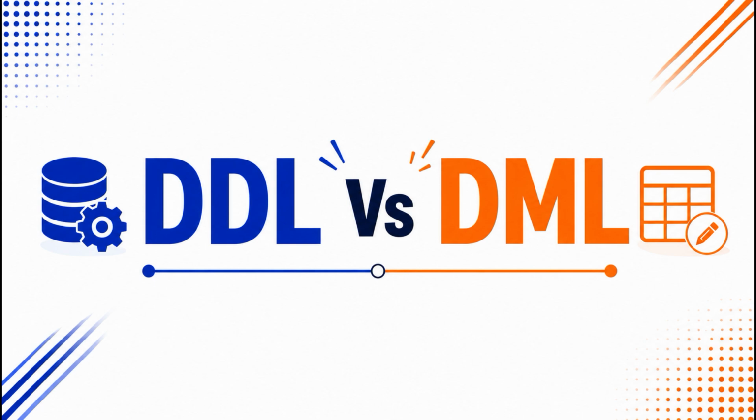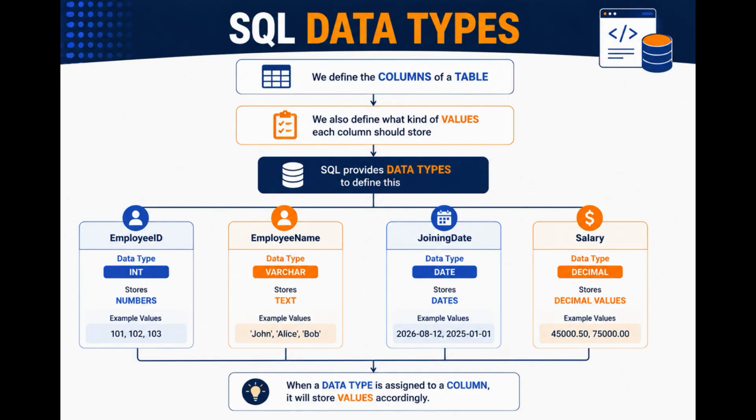Before we create our table, there is one important thing which we need to understand. When we are creating any table, we define different columns of that table, and each column is expected to store a specific kind of value. Say, for example, an employee ID should contain a number, an employee name should contain text, date of birth or a joining date should always be a date.